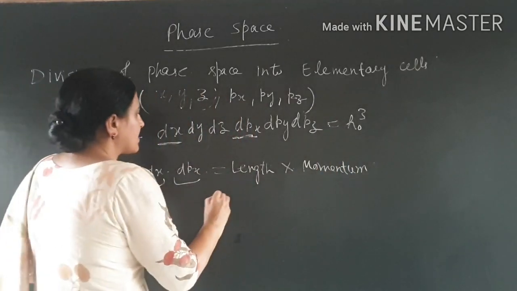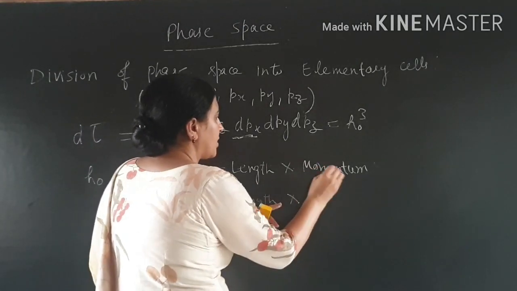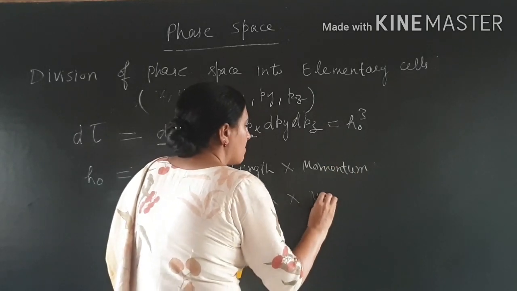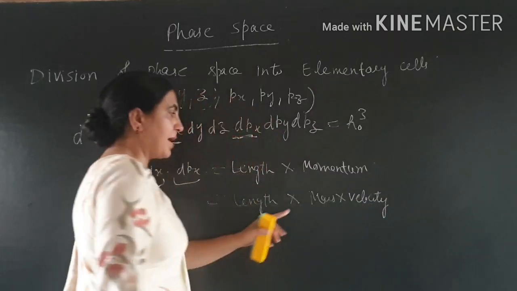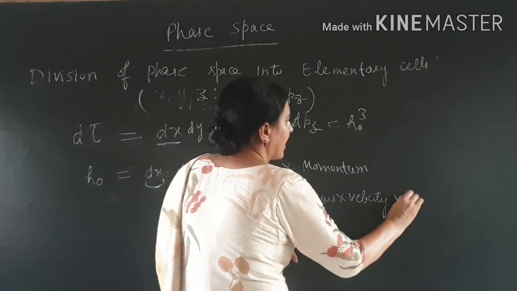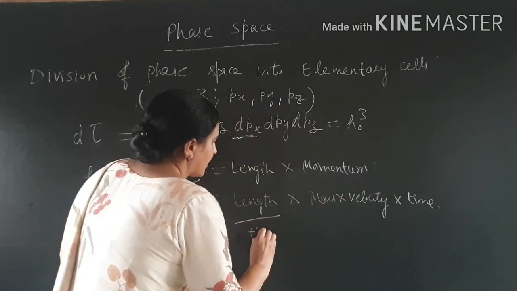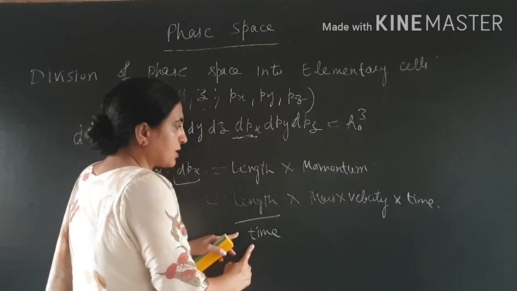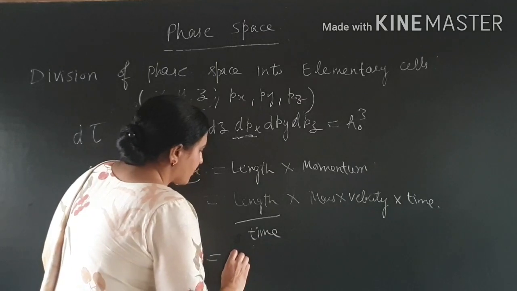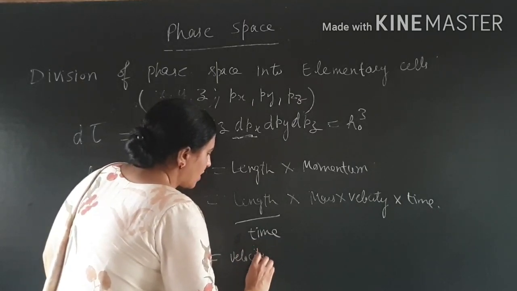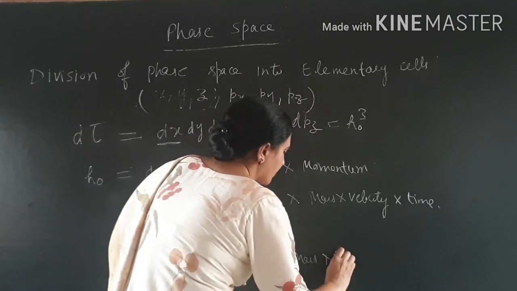Clear? Momentum can be written as mass into velocity. If we multiply it by time and divide it by time, then length by time is velocity, and here is also velocity, so this is equal to velocity square into mass into time.